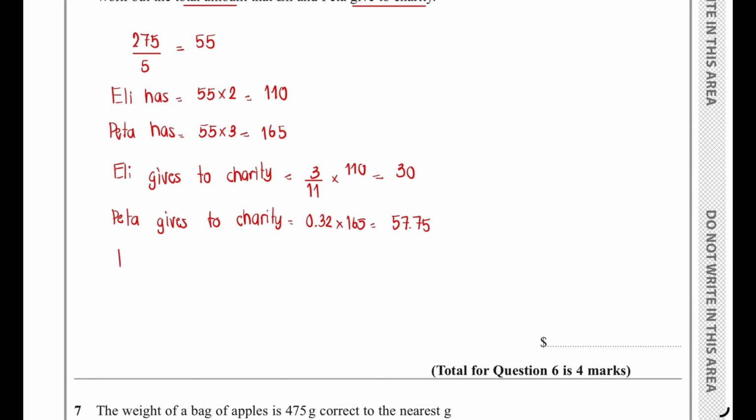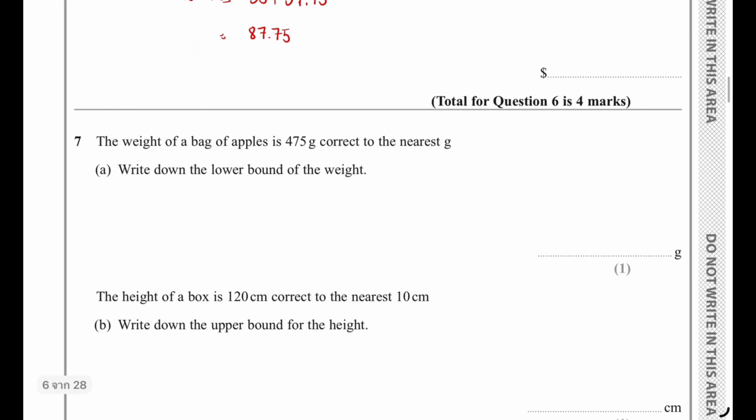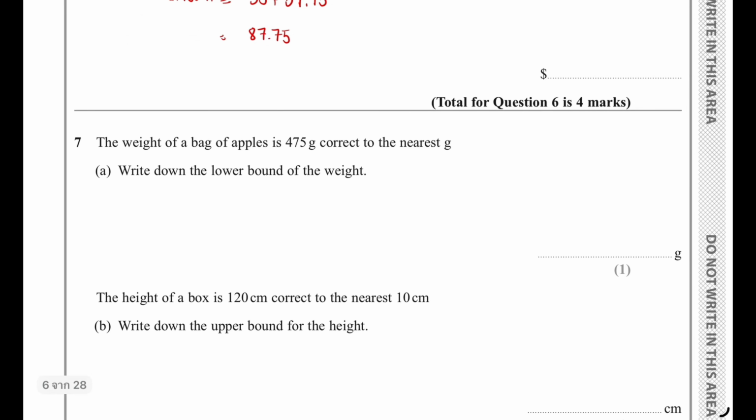So therefore, total amount that they give to charity equal to 30 plus 57.75, which is equal to $87.75.